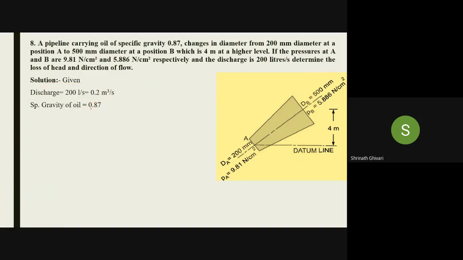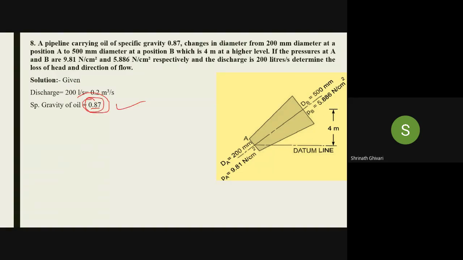Specific gravity is 0.7. What will be its jet? Do we require specific gravity while solving the problem? Do we require specific gravity? Do we require specific gravity?